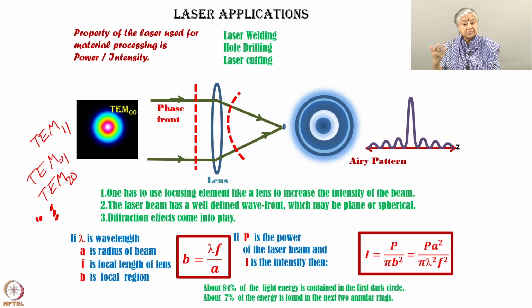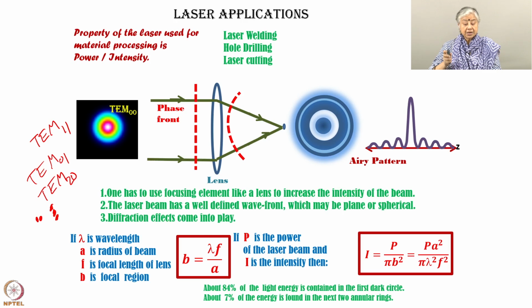So, you have to keep this in mind when you are designing an optical system which will focus in order to carry out laser welding, hole drilling, or the cutting of any material. So, you have to pick up the right laser wavelength.